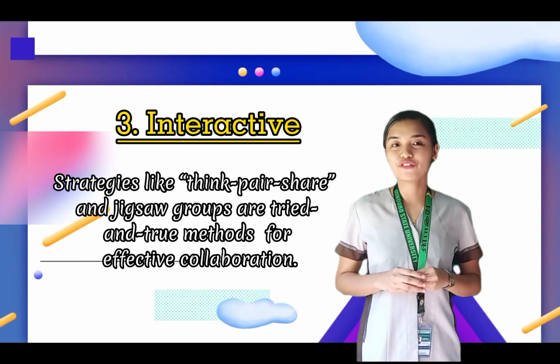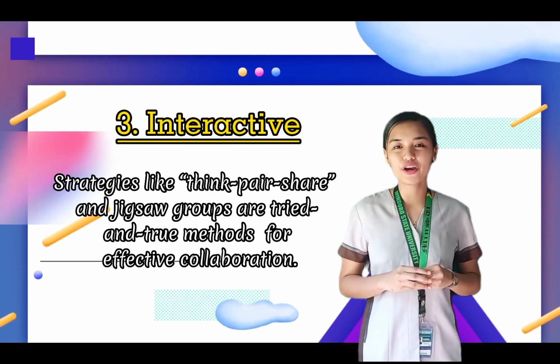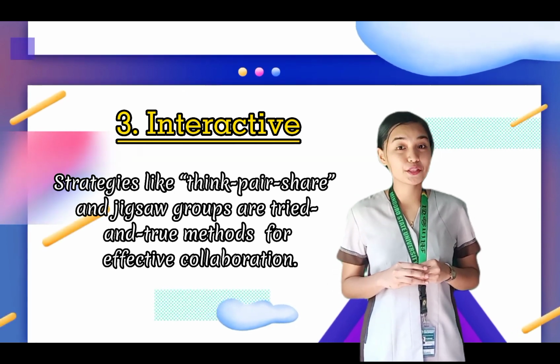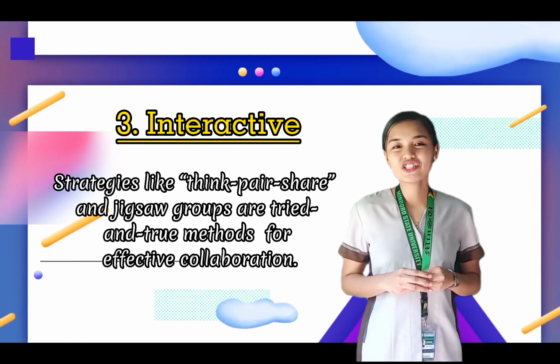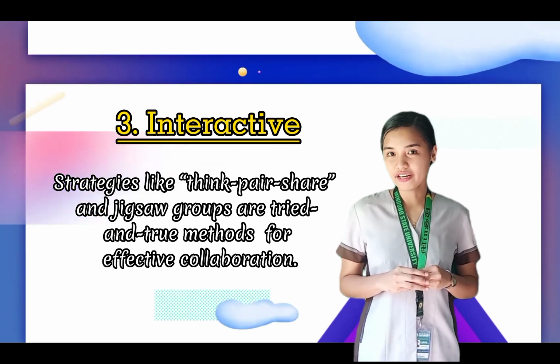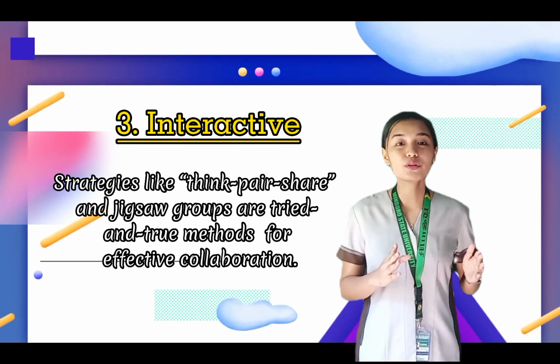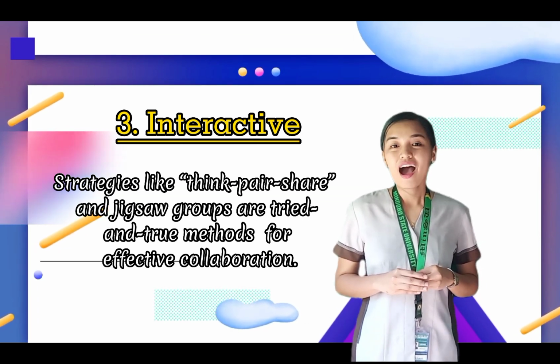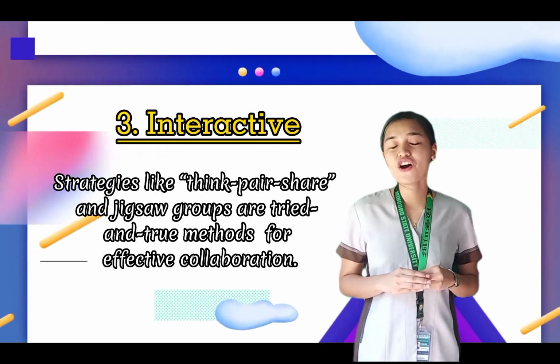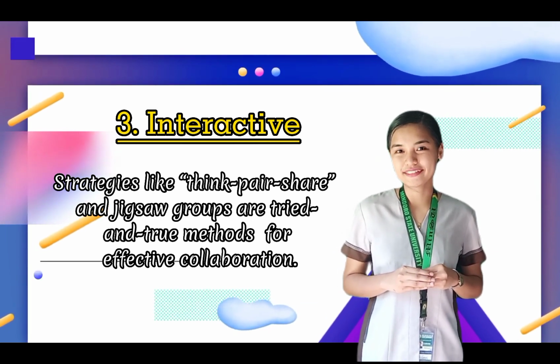Interactive is the collaborative learning, which is an important part of the classroom, whether it's between teachers and students or among students. Strategies like think, pair, share, and jigsaw groups, where small groups are responsible for learning and teaching part of the lesson, are tried and true methods of effective collaboration.